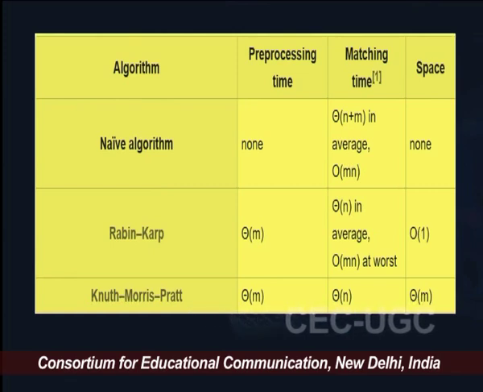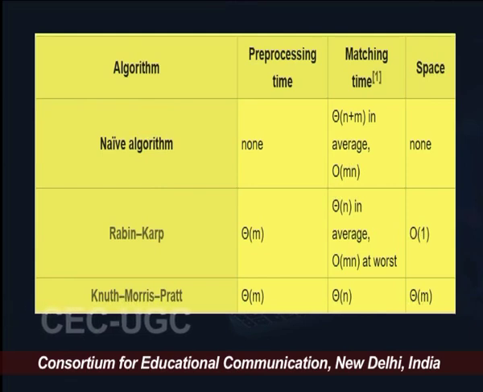Looking into the Rabin-Karp algorithm, we involve some pre-processing which is going to take theta m, and as far as the time complexity is concerned, on average it is going to take theta n, and at worst it is going to take order mn. Space complexity is constant here, which is order 1.